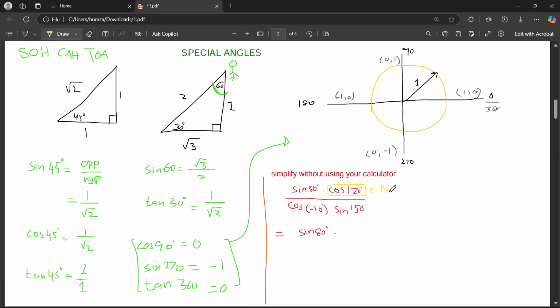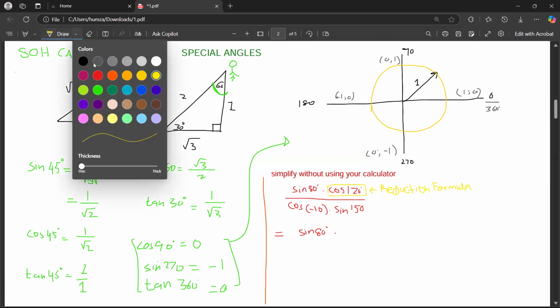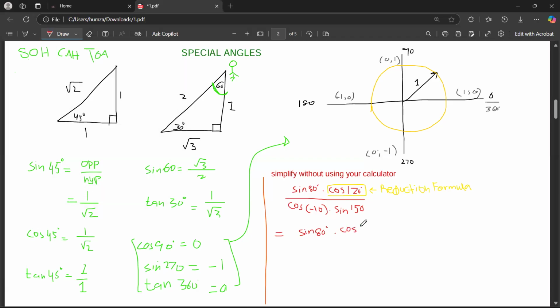We are going to use the reduction formula. Now, to use the reduction formula, we are going to say cos 120 degrees.